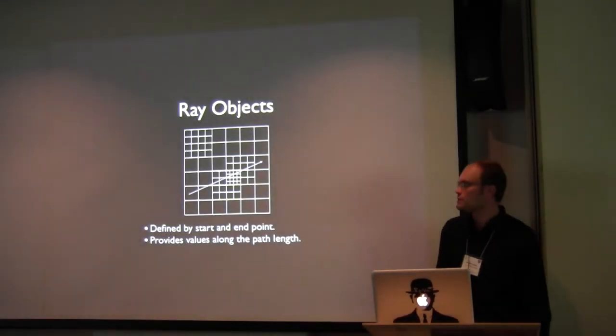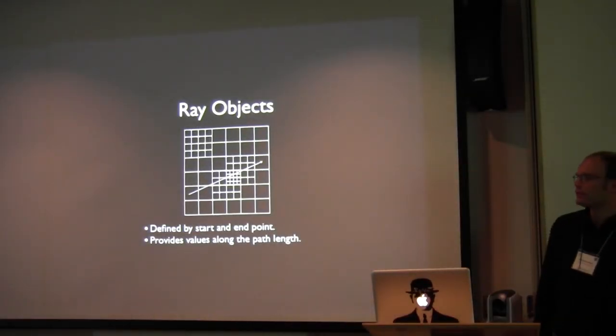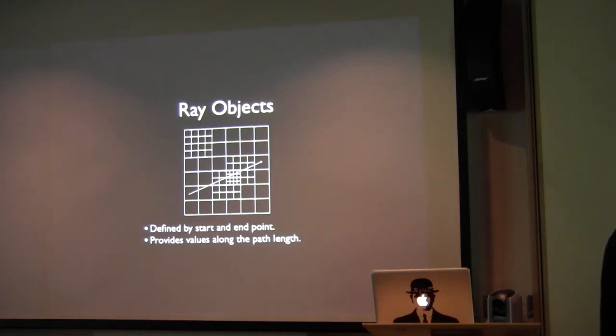A new object we haven't seen before that can be very useful are ray objects. These are defined by a start and end point, and they provide values from the cells along the path of the ray.